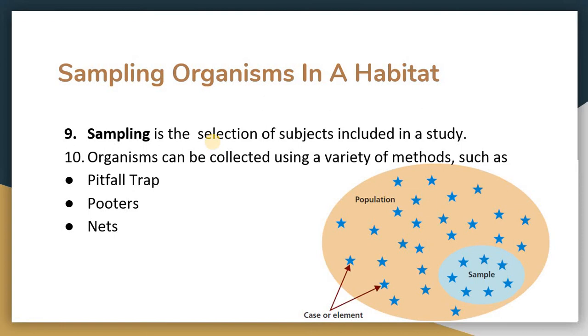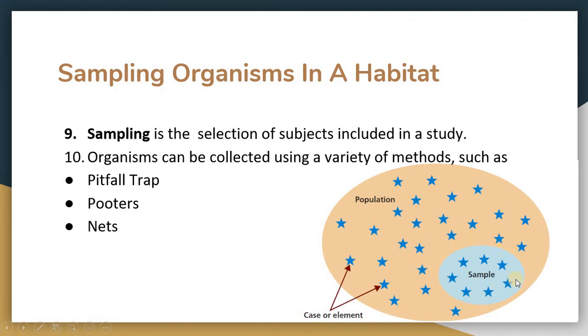Why do we do sampling? You can see there are so many populations out there, so many things out there, and if we were to study everything one by one, it would take forever to finish a study. So in order to study more effectively, scientists collect samples.